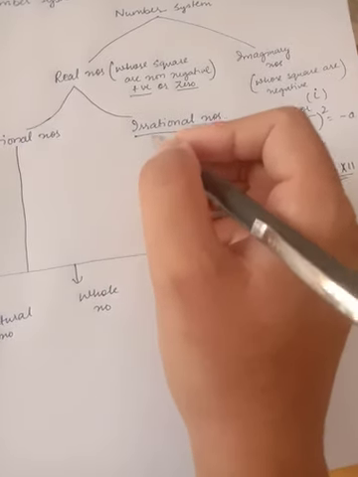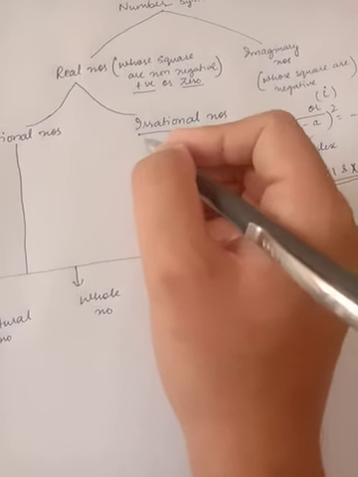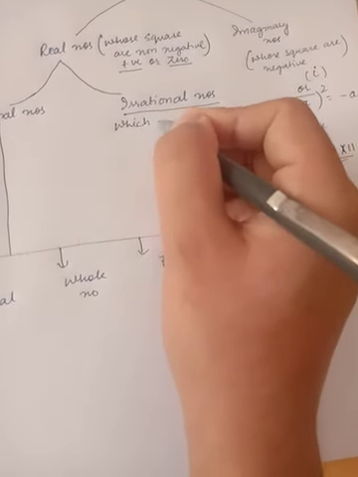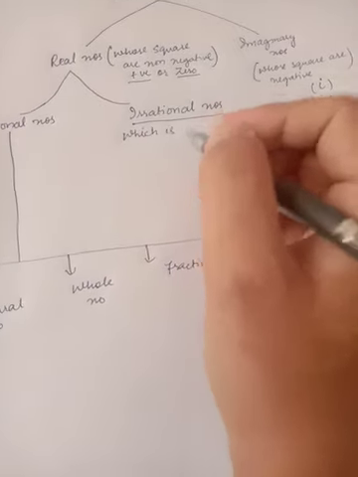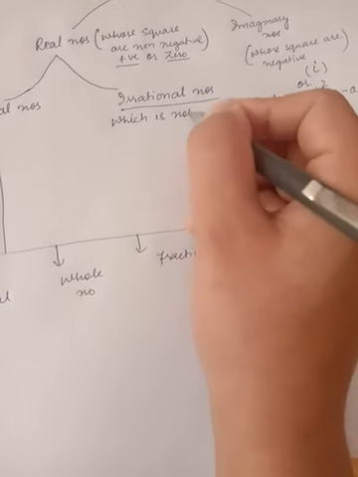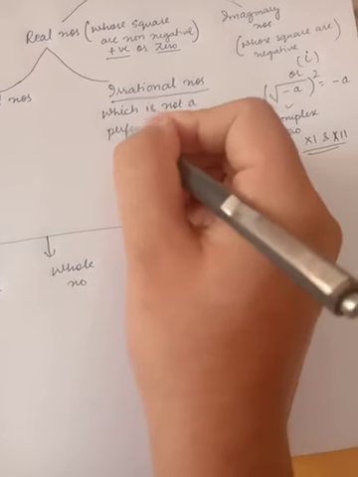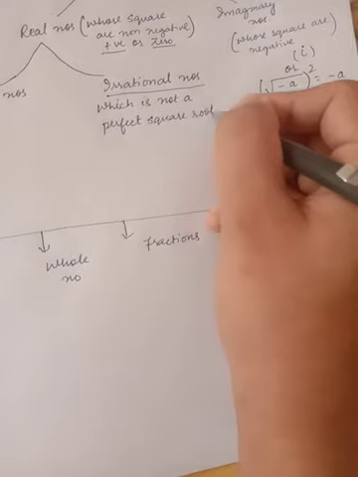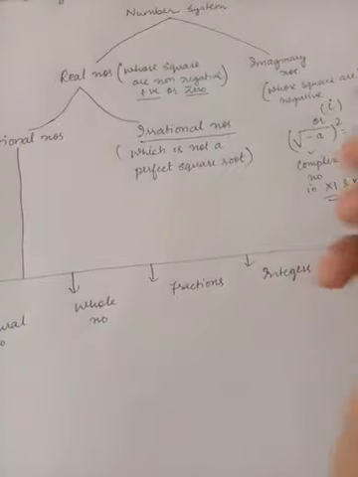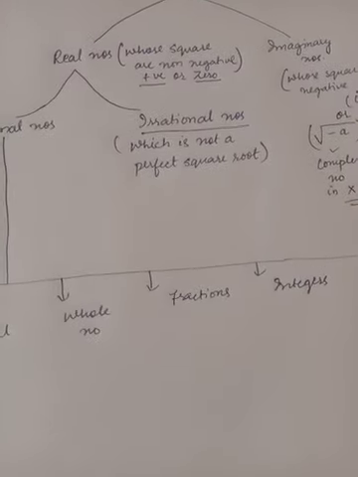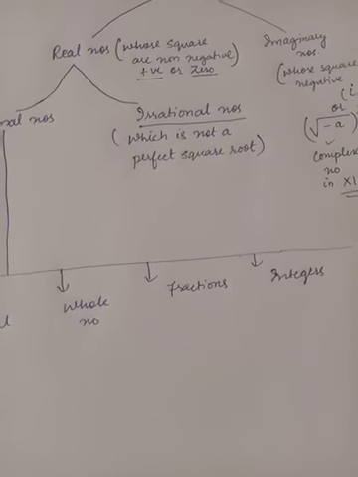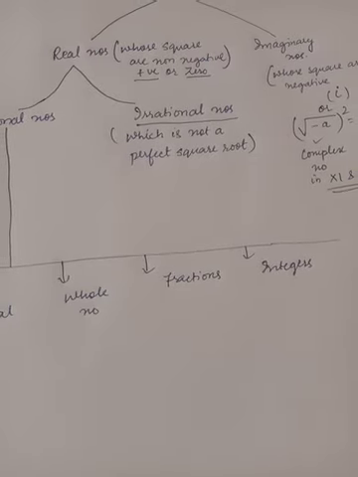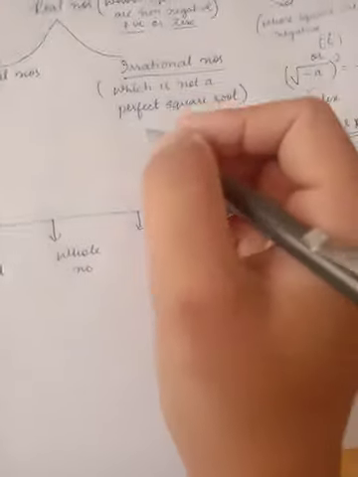Irrational numbers are numbers which are not a perfect square root. This is the basic and very simple definition: which is not a perfect square root number is an irrational number.